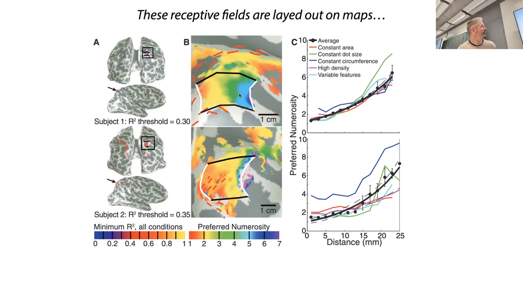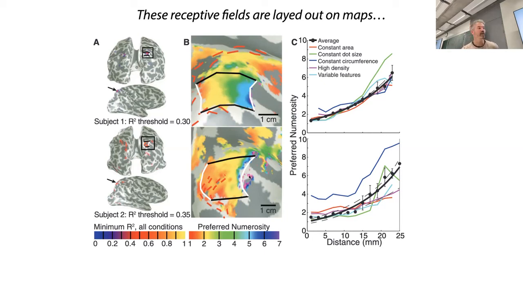it turns out that you get these beautiful maps of numerosity preference in the parietal lobe in this case. So you actually go from low number preference to higher number preference. And here you have another example in a different subject, also in the same location in the parietal lobe. It's almost the same location across two subjects, and it goes from low numbers to higher numbers also.